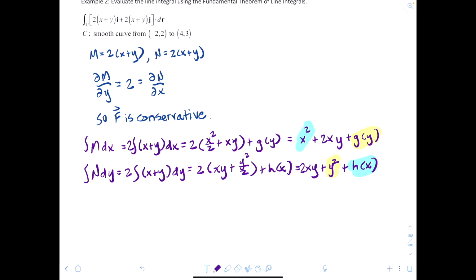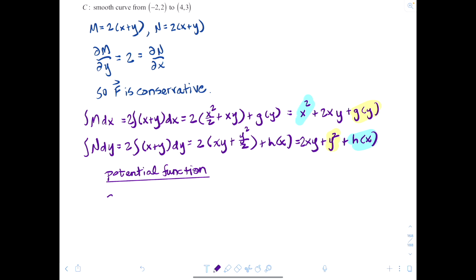And so that means that our potential function would be x squared plus 2xy, because they both have 2xy, plus y squared, is our potential function of x and y. Cool, cool? Well, what is that? F of x and y, if you want to make it easier, that's the quantity x plus y squared.